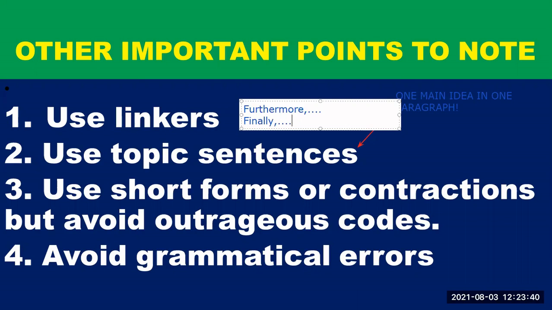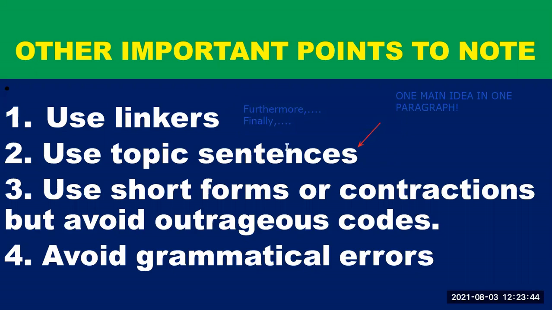Now, this type of letter allows short forms or contractions, like I won't or I'll, that is I apostrophe double L. I can't, I wouldn't.